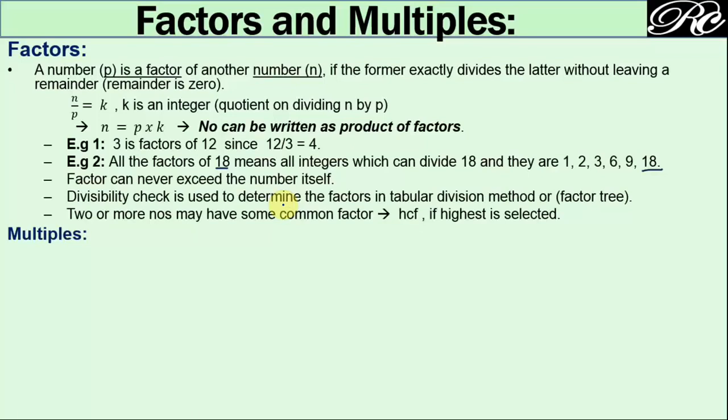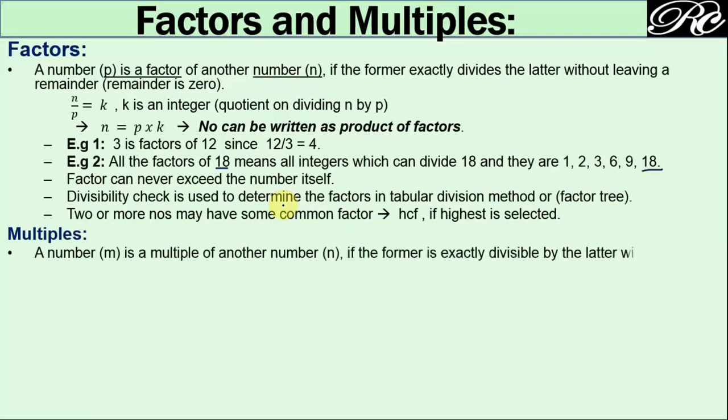Now the other concept is multiple. A multiple is the multiplication of a given number with some integer to get a larger number. That larger number is a multiple of the given number. So a number m is a multiple of n if the former is exactly divisible by the latter without leaving a remainder.